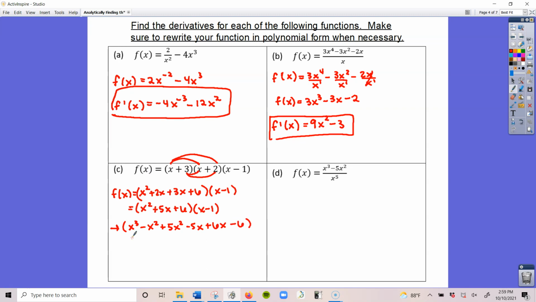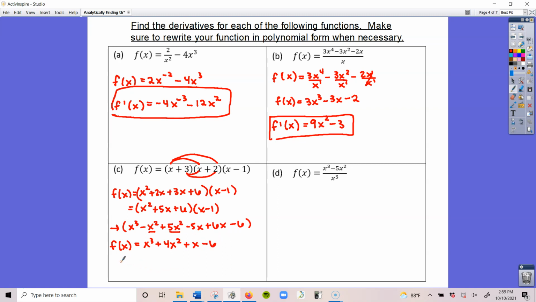Now let's combine all of these like terms to get our final function. So that would be x to the third plus 4x squared, because I'm combining these two. Negative 5x plus 6x is plus x, minus 6.